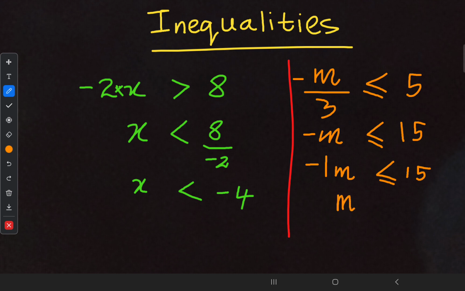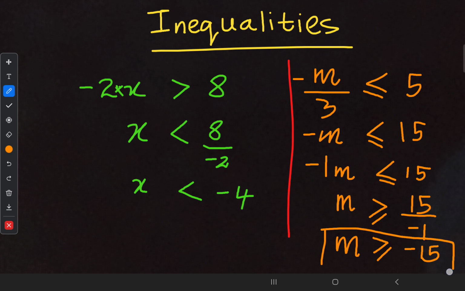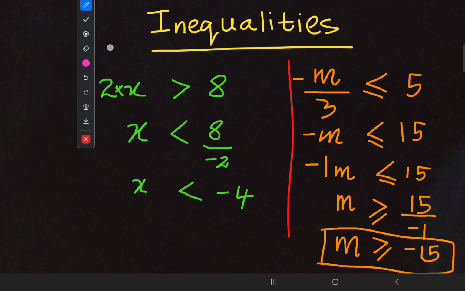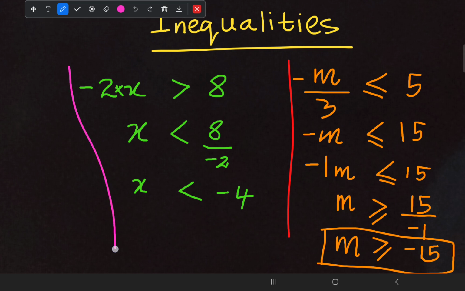When we need to find the value for m, we use negative 1 multiplied with m. So when we take it as a division, the symbol will change to its opposite. So m should be greater than or equal to negative 15. These are the two instances where the inequality will change to its opposite.